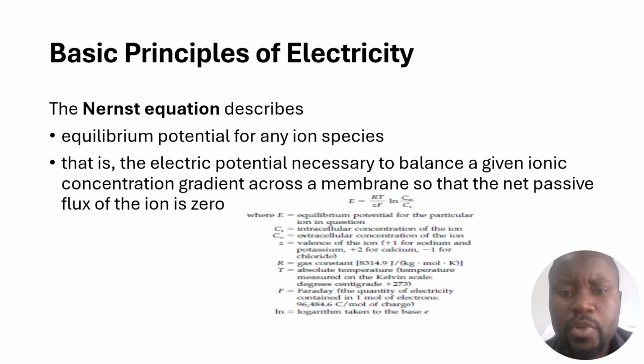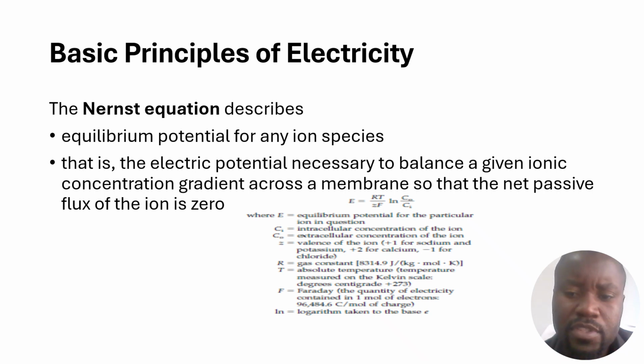That is the electric potential necessary to balance the movement of these ions as a result of their concentration difference, but also as a result of the electrical attraction or repulsion that is also causing movement. So ions will move because of concentration difference, but they will also move as a result of the attractive or repulsive forces.